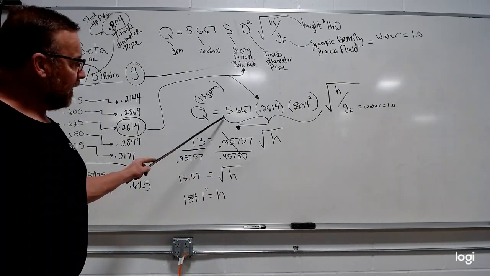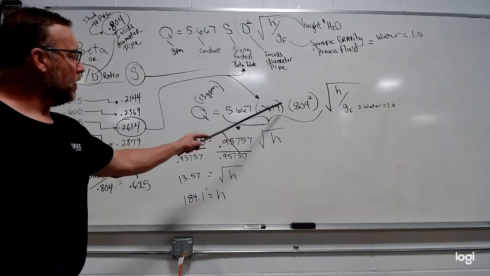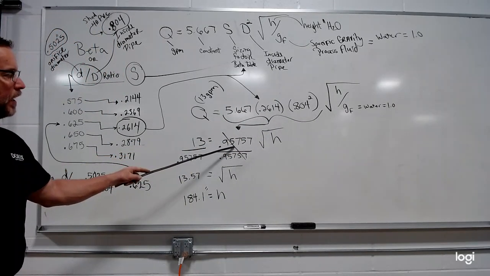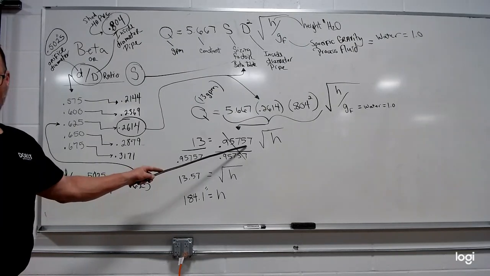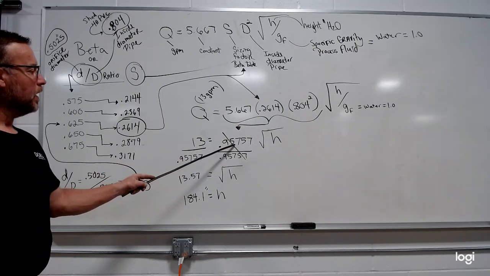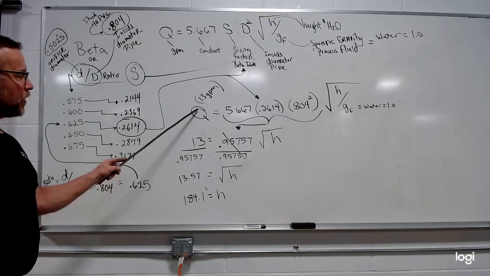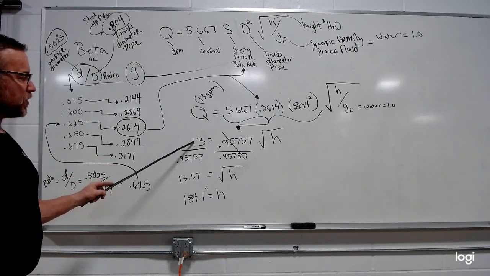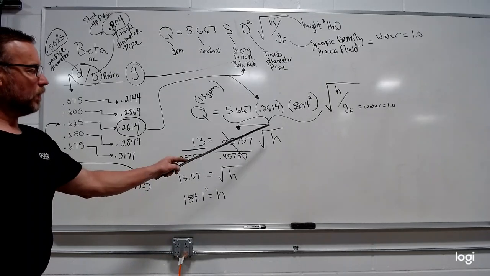So I went ahead and took all three of these values, multiplied them out, crunched them down, and dropped them right into here. 0.95757 was the value of that product when you multiply them all out, and then times the square root of H, okay? So we had 13 over here, so 13 is equal to 0.95757 times the square root of H.